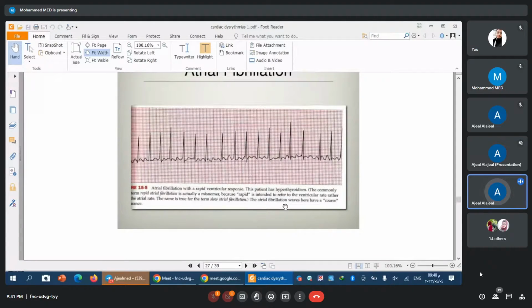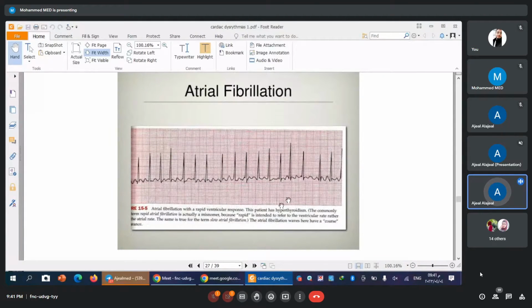Yeah, this is the ECG. This is an ECG of atrial fibrillation. You can see that the heart is totally irregular. Yes, compare the R waves. They are totally irregular. And sometimes if it's very rapid, it's difficult to tell whether it is irregular, so you have to measure them.